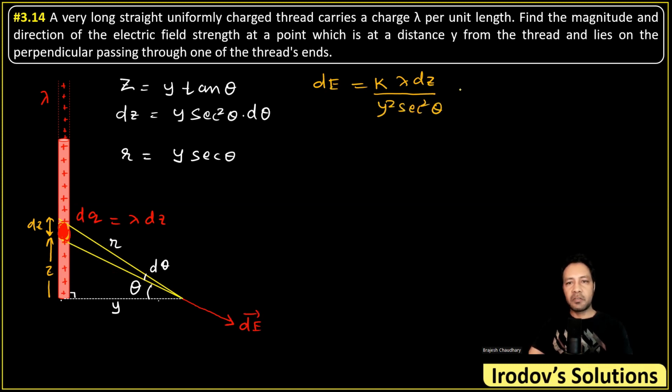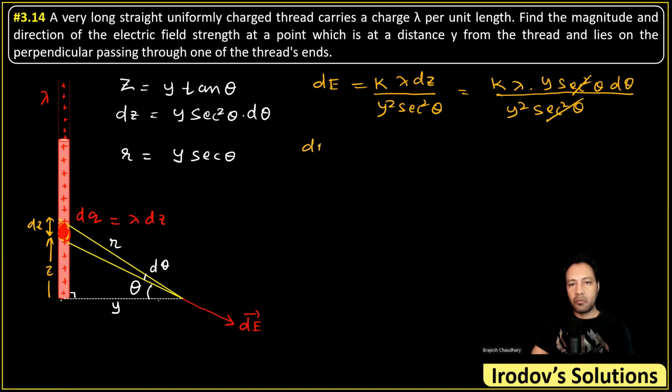Putting the value of dz, we get k lambda y sec square theta d theta divided by y square sec square theta. So this term gets cancelled. So the magnitude of the electric field dE we get is k lambda by y d theta.